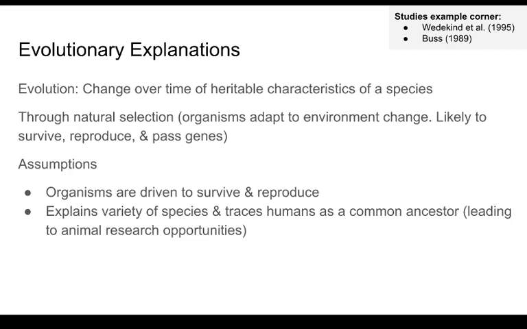So some of the assumptions that people make about evolution are that organisms, such as us humans, are different to survive and reproduce. And to continue that, they pass down genes that are good enough for us to survive.